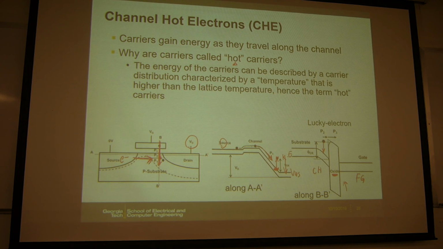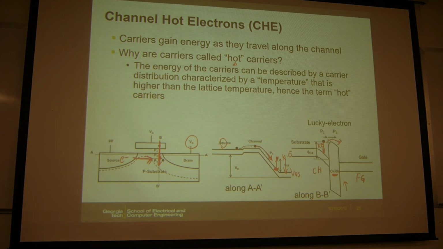Along the BB direction, you also have this kinetic energy here. Essentially those electrons may have enough kinetic energy to jump over this barrier caused by the oxide.